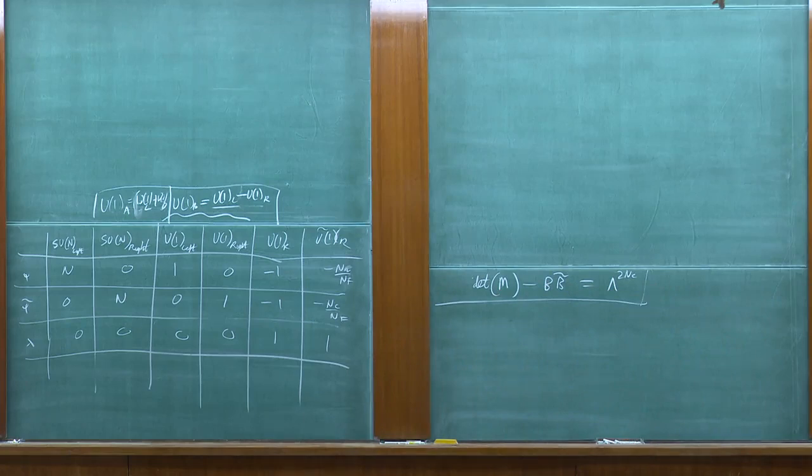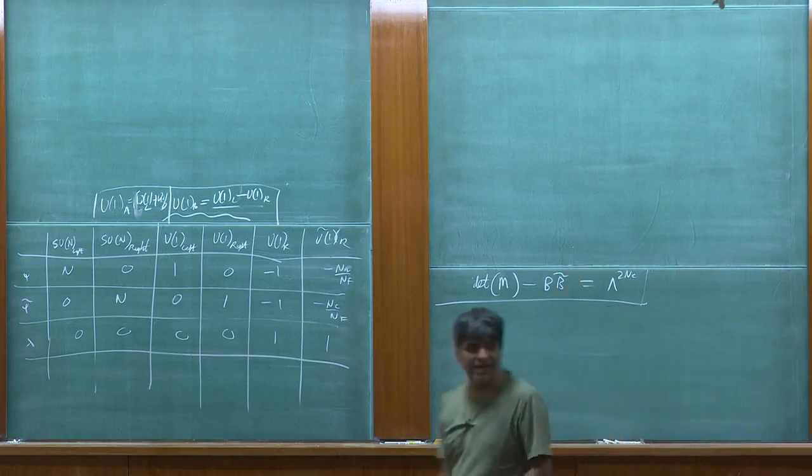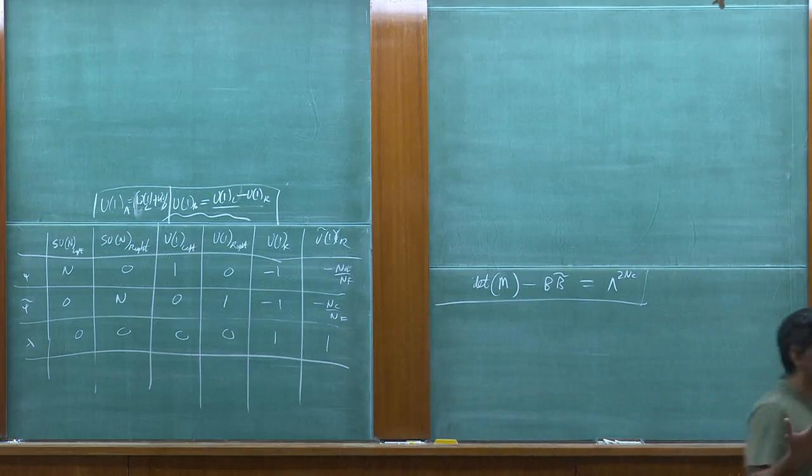It does not violate U1 baryon, because M is Q times Q tilde, which carries U1 baryon charge 0. But it violates, in general, some subgroup of SUNF times SUNF, and also some part of the R symmetry. So there's no vacuum that obeys this equation that preserves all of the UV symmetries of the theory.